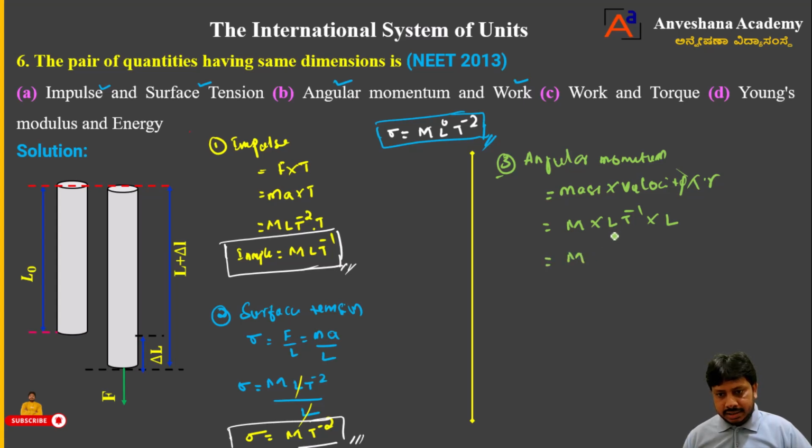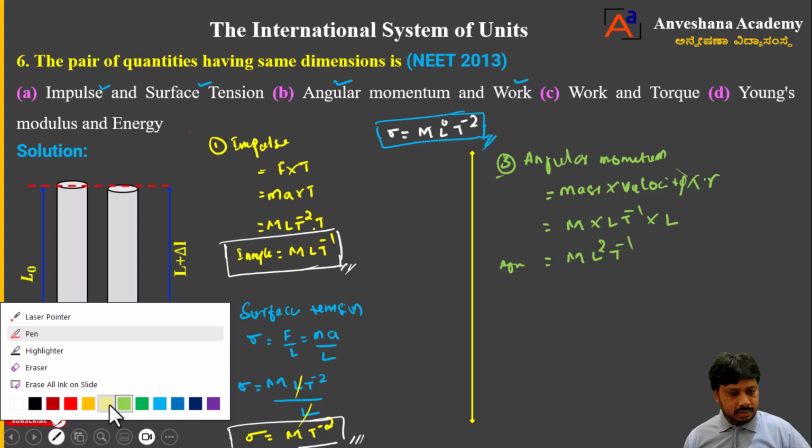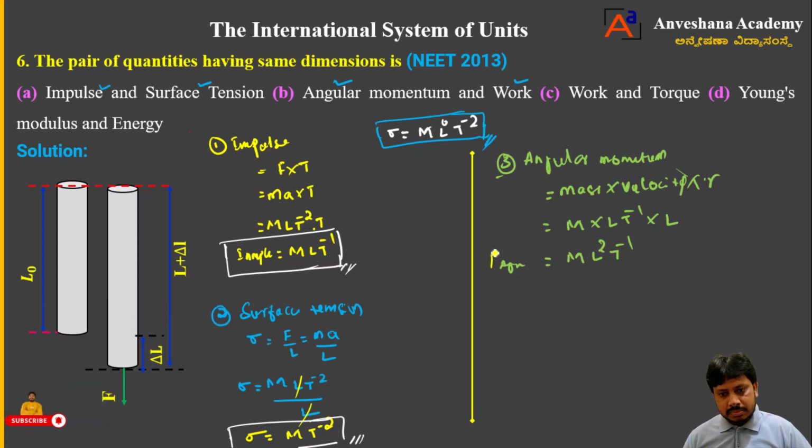M, there L power 1 is there, L power 1 is there, then it becomes L square, then T to the power of minus 1. This is the angular momentum. This is the dimension for angular momentum, that is represented by small w. Okay, so now angular momentum is over.